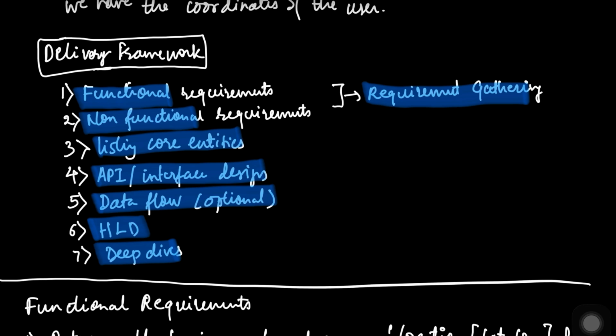Once you have the concept clarity, you will be able to answer the questions the interviewer is going to ask you in your interview, while trying to follow this delivery framework. This framework is just a mental model which you can have in your mind whenever you are moving into the interviews. And the questions which the interviewer is going to ask are mostly checking your concept clarity, which I have tried my best to cover in this particular video.